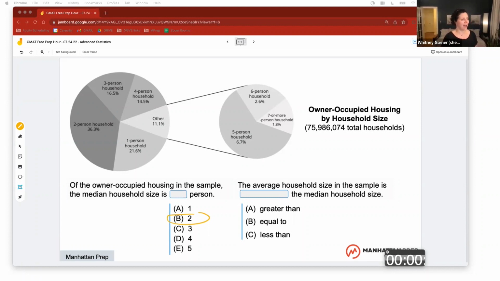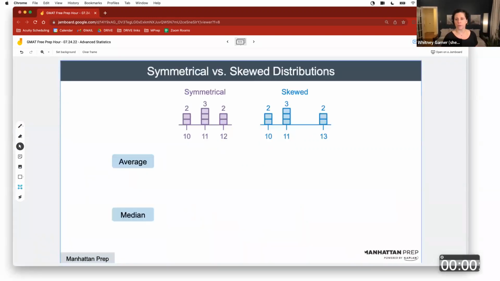So we'll talk about average and median. If I have a symmetrical set, say 2 observations at 10, 3 observations at 11, and 2 observations at 12, let's pretend these are people at certain scores on a game.